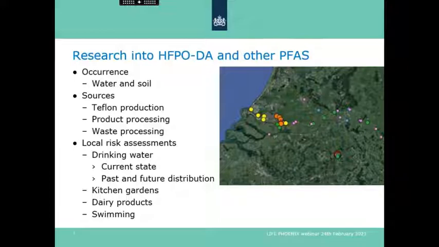So a lot of research was spent to look at the occurrence in water and soil. And finally, it was observed that this was not really limited to the area of the production facility, but also logically downstream of the production facility, but also upstream.